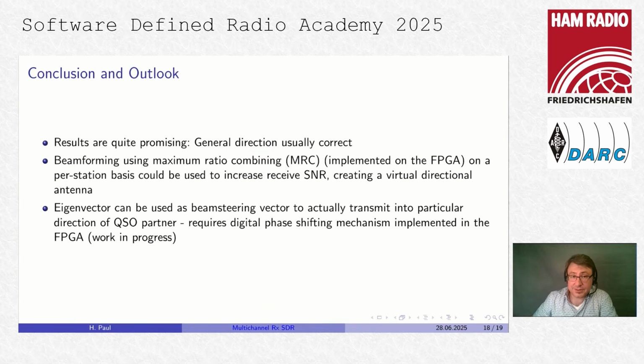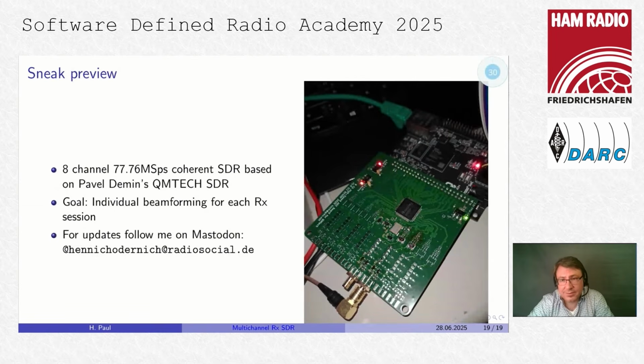And there's one more thing I'm currently working on, which is another multi-antenna receive SDR, but with a different twist here. This is an 8-channel receive SDR, and basically it's based on the SDR that Pavel Demin developed, who also presented in today's SDR Academy.